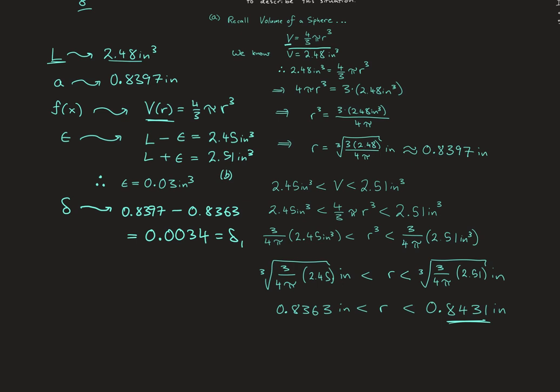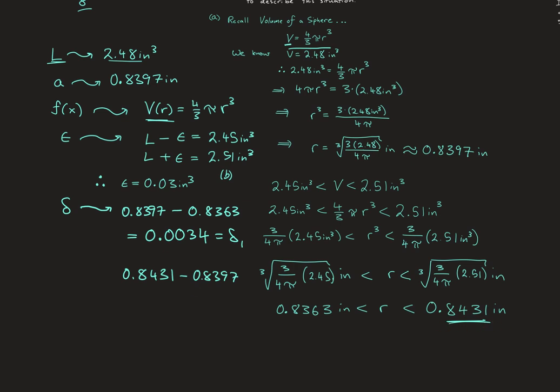And then let's see the difference at the other end. The other thing I want to calculate is 0.8431 minus 0.8397, the difference between these two. The ideal R, which is this one, is like the A value, and this is the upper limit since it's larger.